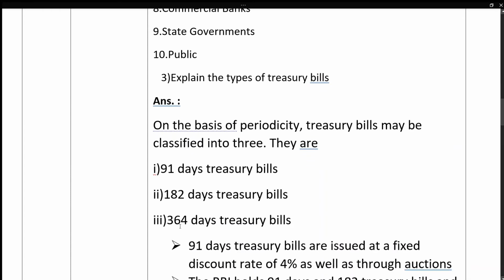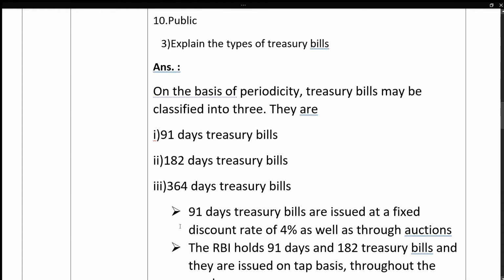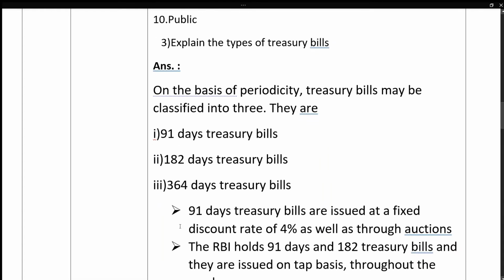Now we'll see the types of treasury bills. Treasury bills are the money instruments which are issued by the government to raise funds whenever they have financial requirements for a short term. So on the basis of the period, the treasury bills may be classified into three. The first one is 91 days, 182 days, and 364 days.